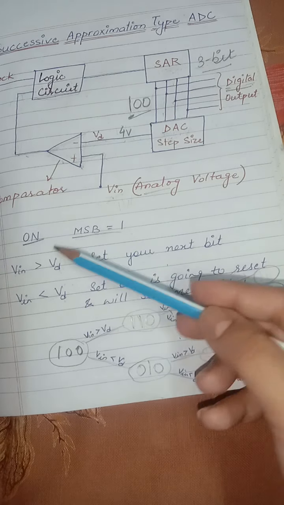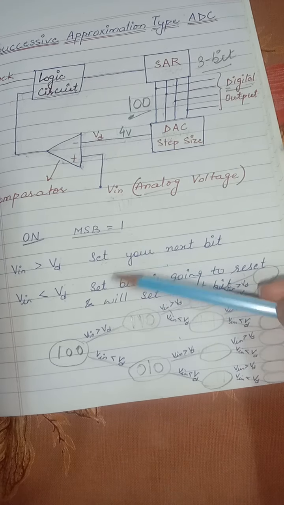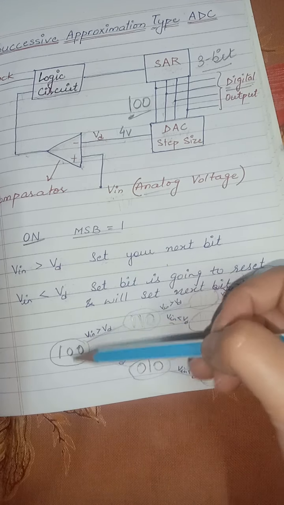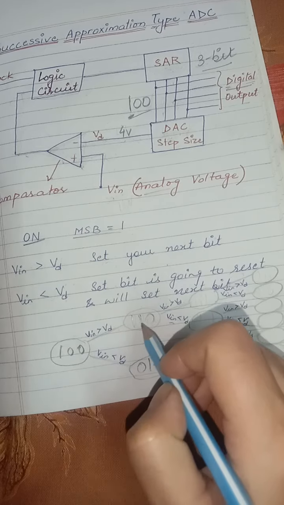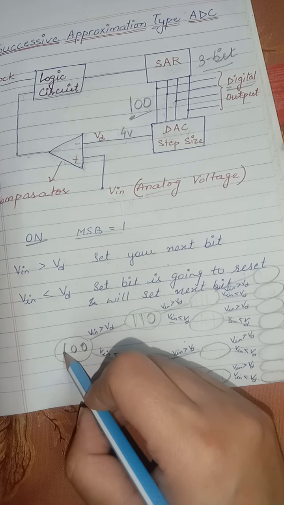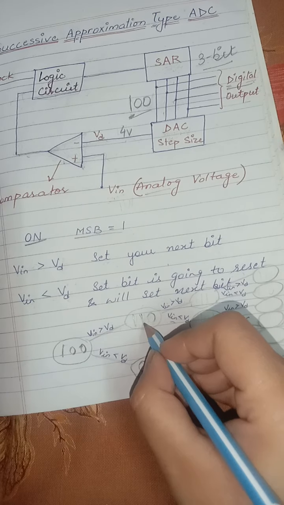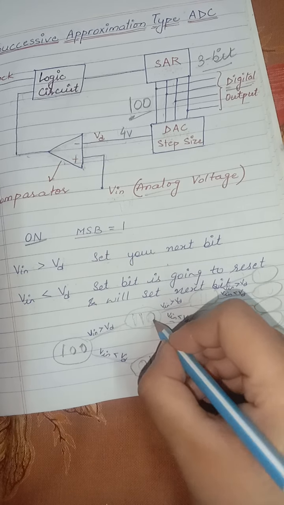That means according to the two conditions there will be an algorithm. If VIN is greater than VD, it will set the next bit, the bit that is already set will remain set, the next bit will be set, and this 0 will remain 0.